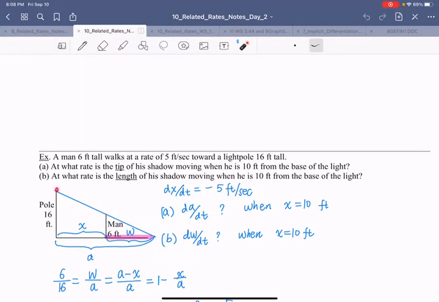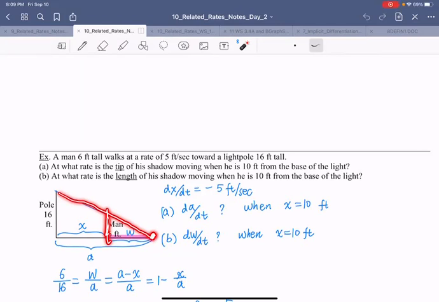Find a pole, and start from this position. Your tip is here, and you move to here, and your tip becomes here. Then you keep moving to here. Now when you move to here, this is the tip of the shadow.